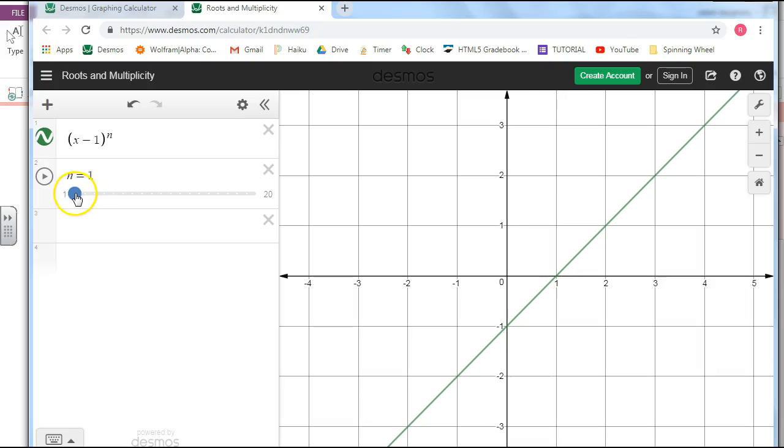X minus 1 to the 1st, to the 2nd, to the 3rd, to the 4th, to the 5th, to the 6th. Every time I alternate back and forth, it crosses the axis, does not cross the axis. So I can generalize and say when I have an even degree, like x minus 1 to the 8th, I do not cross the axis.